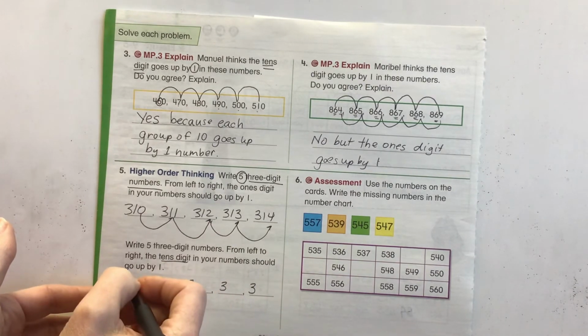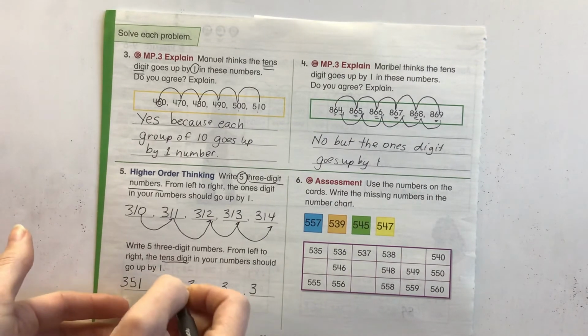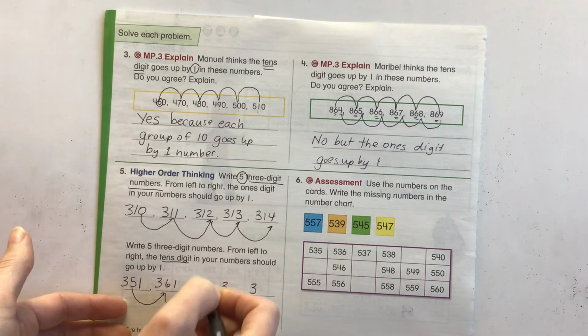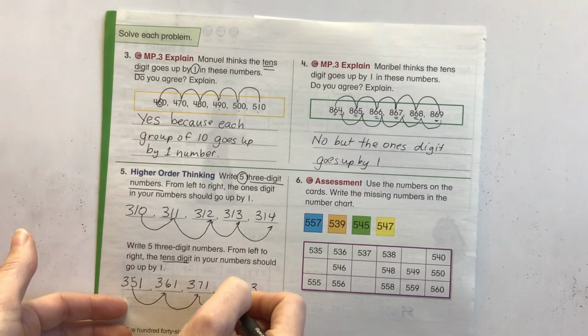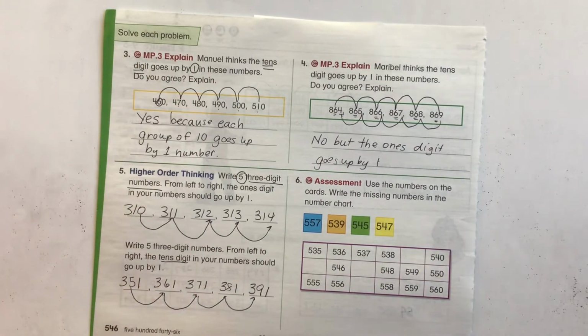So we've got 351, 361, 371, 381, 391. For our assessment, use the numbers on the cards, write the missing numbers in the number chart.